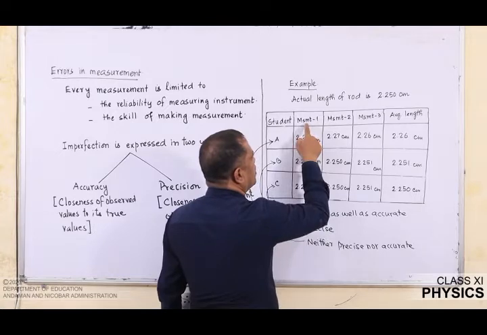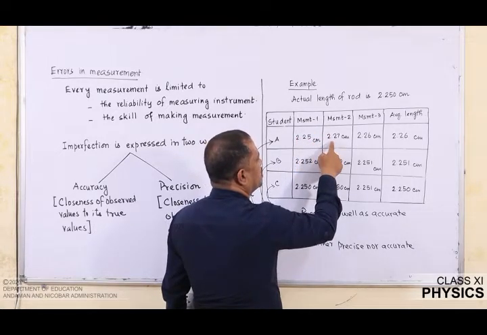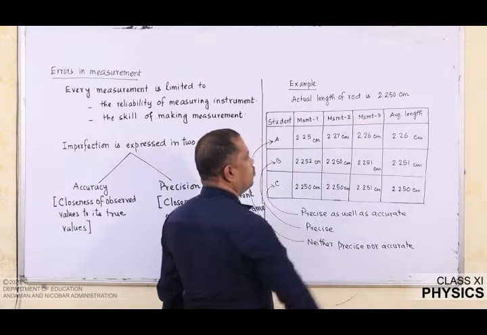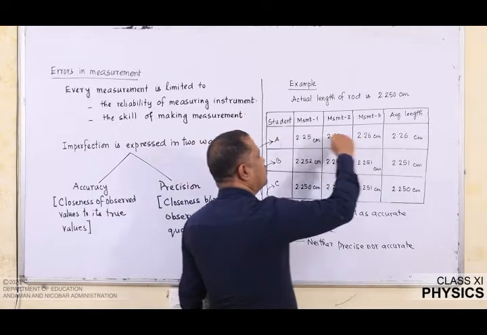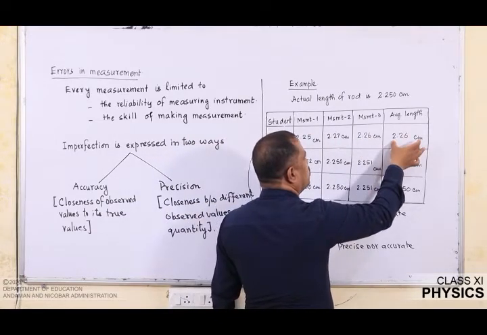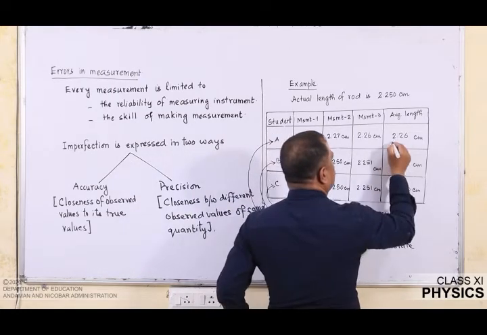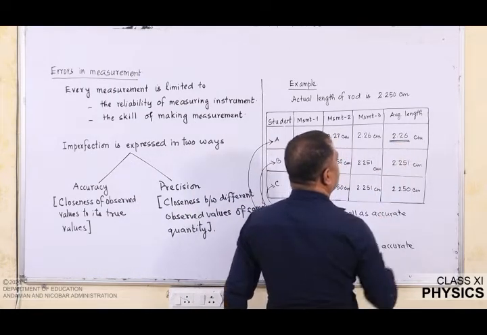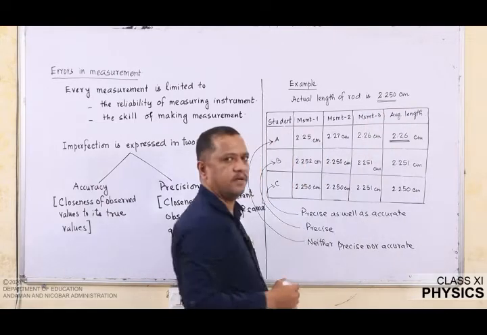The first measurement is 2.25 centimeter, the second 2.27, and the third 2.26 centimeter, and the average of these 3 values is 2.26. This is the length of the rod he has calculated, but the true value is 2.250 centimeter.